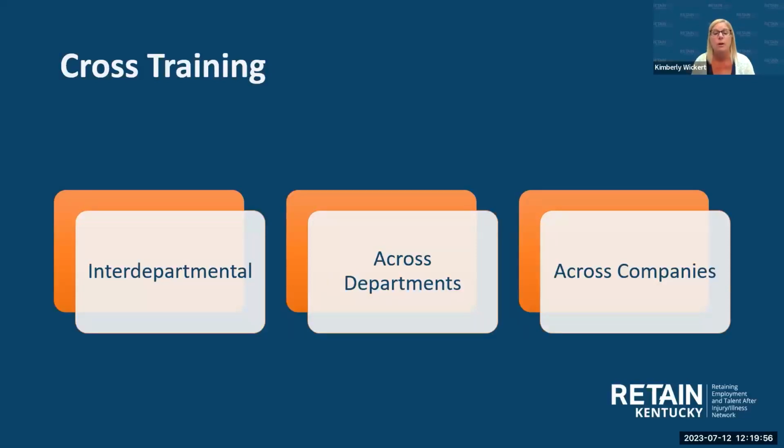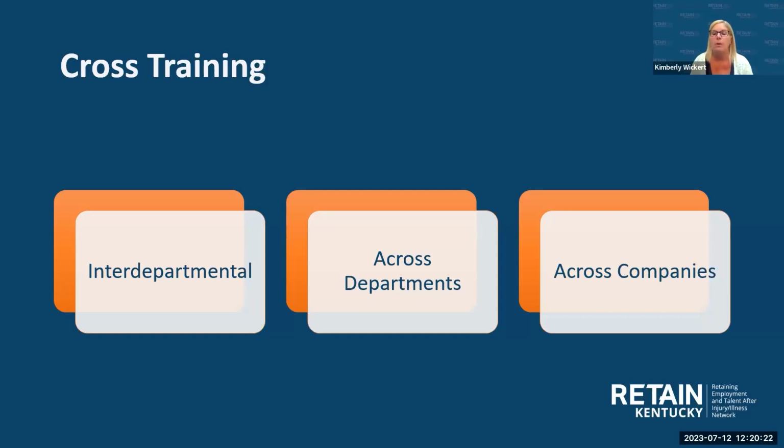So we had a lot of sister companies, and we did have the opportunity to work across departments as well as across companies. And that's a really great way to develop bench strength and really to have a great succession planning, not just for one organization, but multiple organizations under that larger umbrella organization.